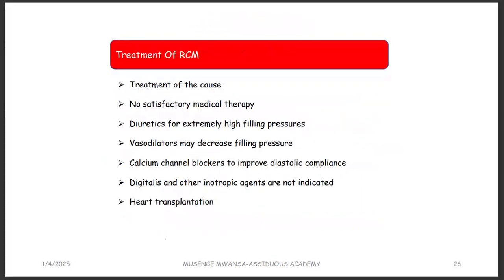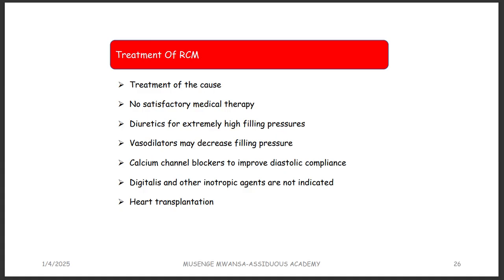Before I talk about the complications, I was saying dilated cardiomyopathy can be caused by a lot of things, but I didn't mention the causes. Alcohol can cause dilated cardiomyopathy. So sometimes we say alcoholic cardiomyopathy is actually a type of dilated cardiomyopathy caused by alcohol. Beriberi also, where we have thiamine deficiency.